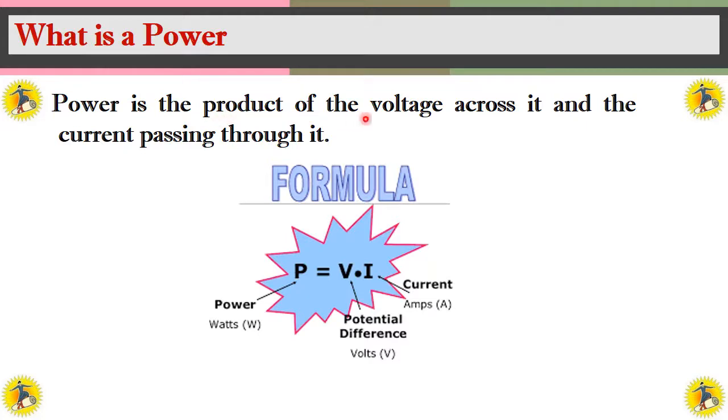Power is the product of the voltage across it and the current passing through it. Formula: P equals V or U times I, where P is the power, U or V is the voltage, I is the current.